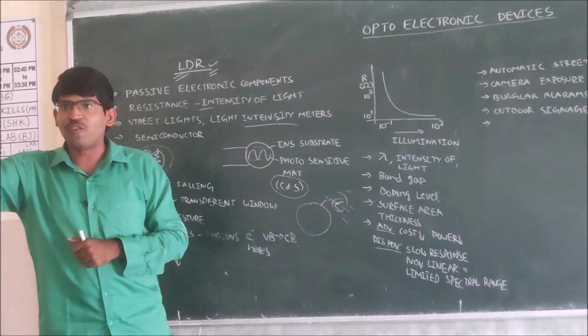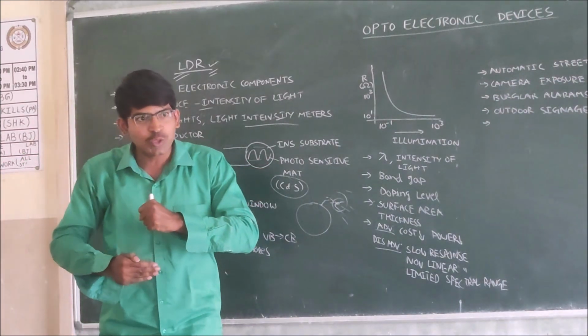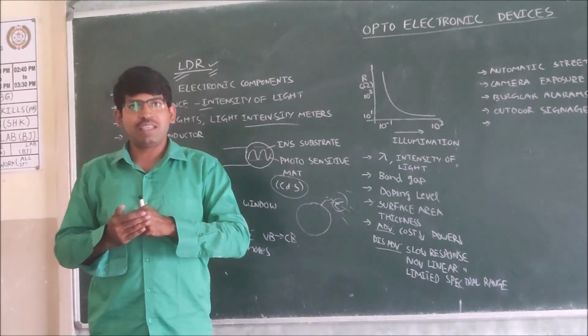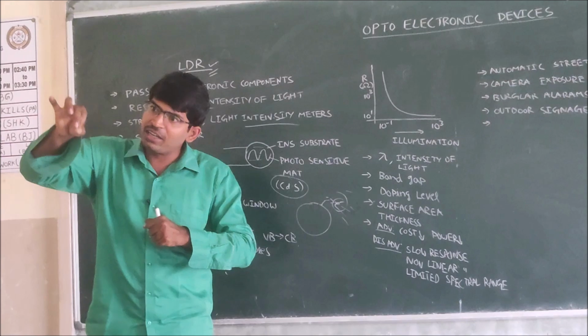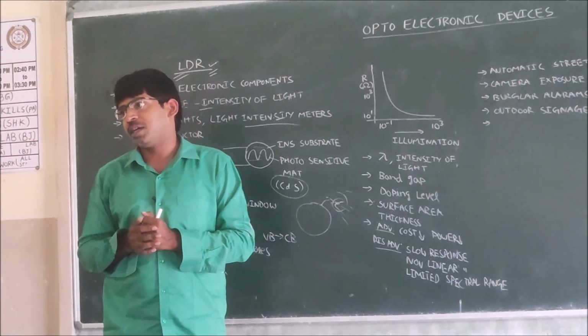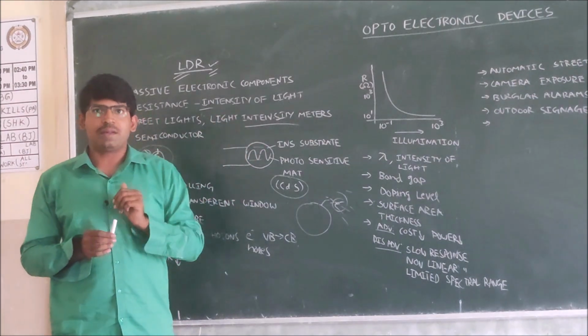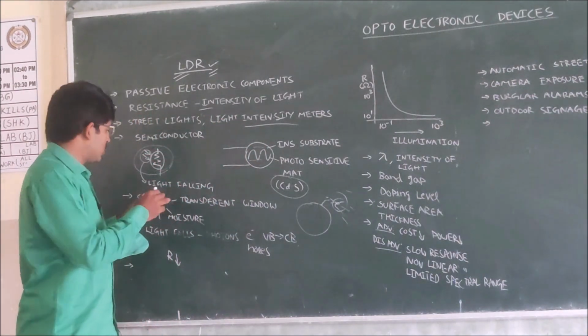So it is a transparent casing. Light will enter through the transparent casing, but dust and moisture will not affect the LDR. This is how we are using the casing.